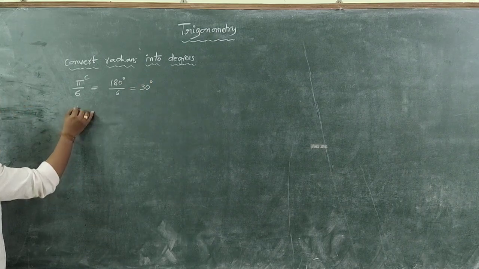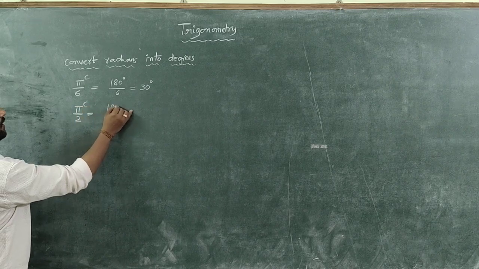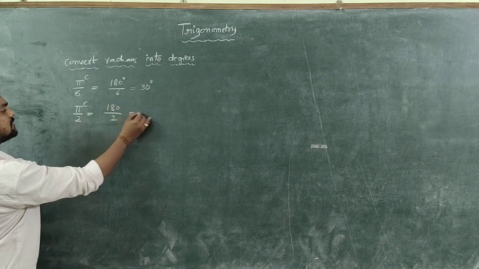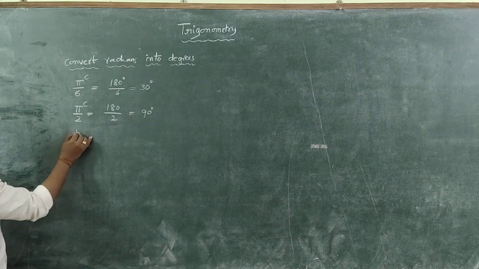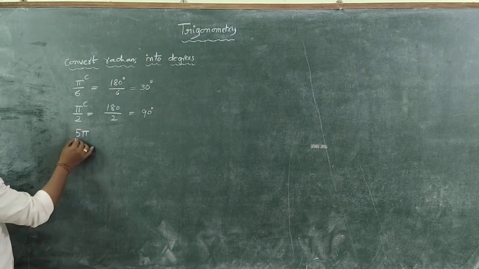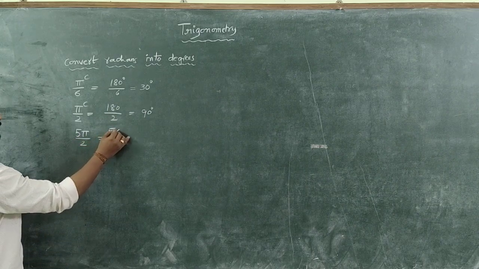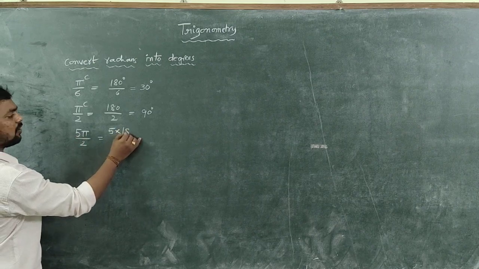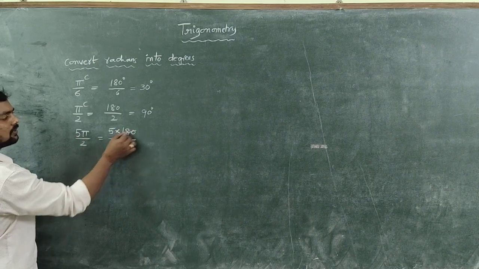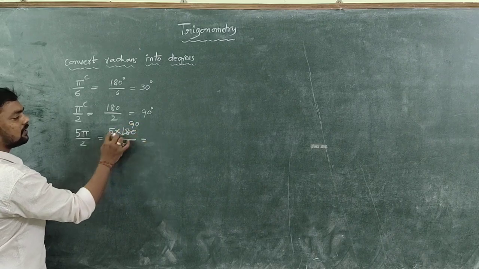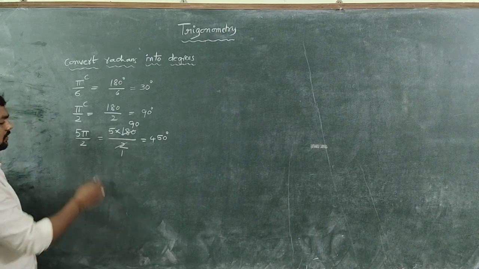Like that, pi by 2 radians: 180 by 2 is 90 degrees. Like that, 5 pi by 2 means 5 into 180 by 2. 5 nineties are 450 degrees.